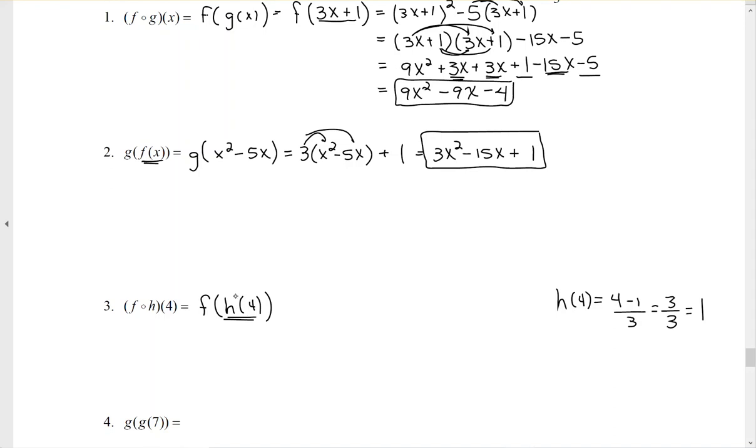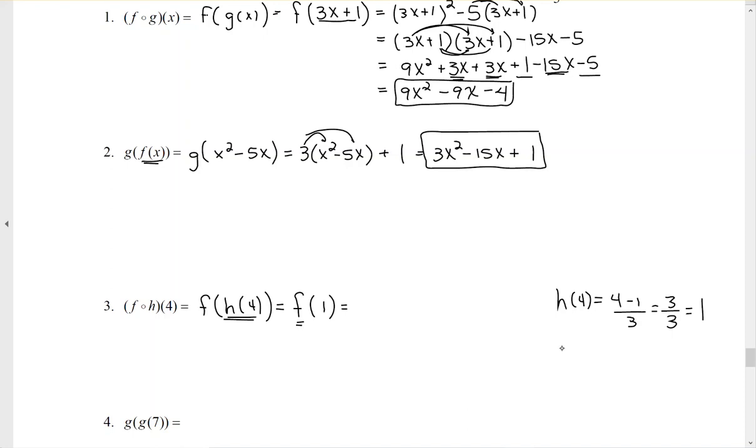So I come back here, h of 4, and I simply put in the number 1 for that. Now I need to go to the f function and take out its x's and put in the number 1 instead.